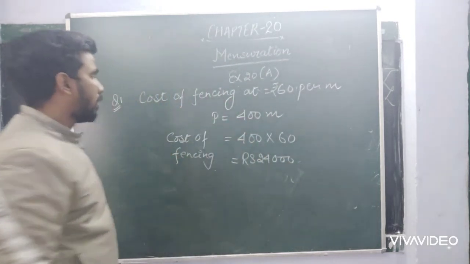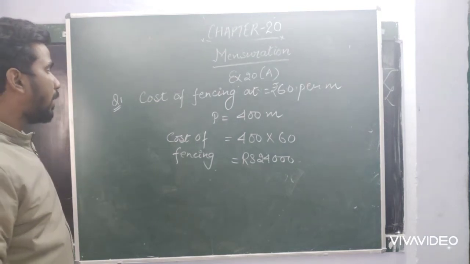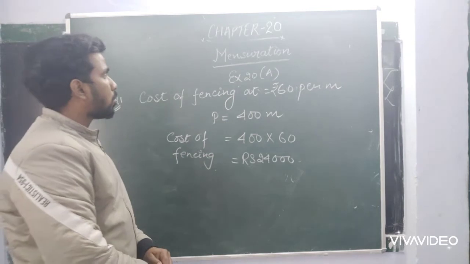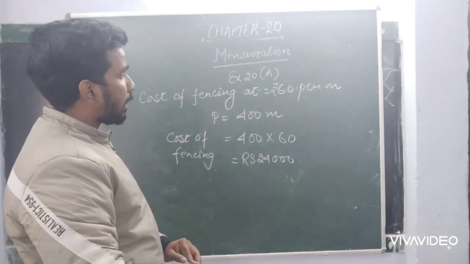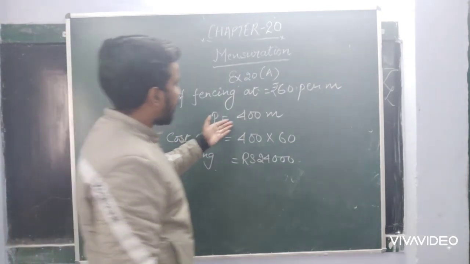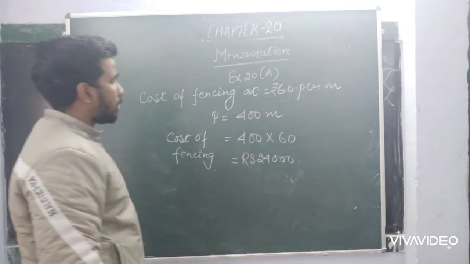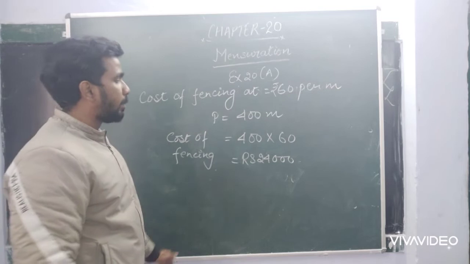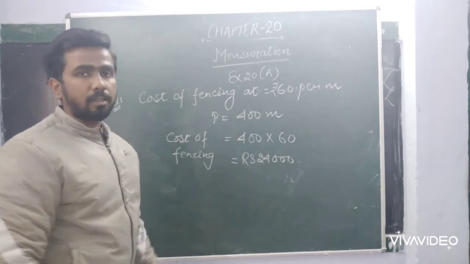Simple. Why? Because we know that 60 is the cost of fencing per meter, and we have taken out the total length of the boundary. We will just simply multiply it and get the answer.